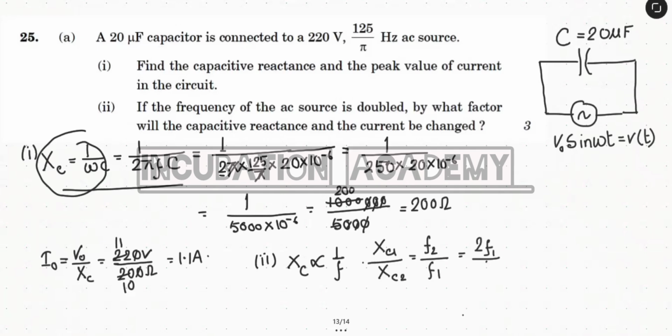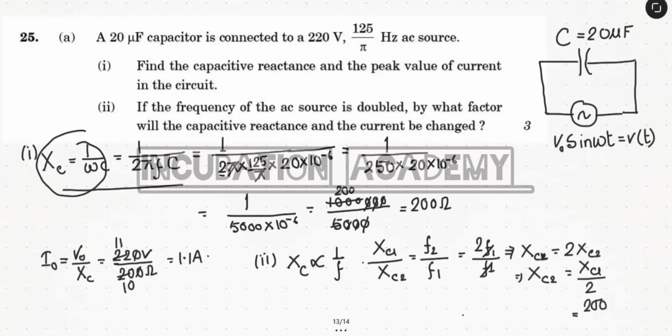So F1 cancels out, and we get Xc1 equals 2 into Xc2, or Xc2, that is after changing frequency, equals Xc1, before changing frequency, divided by 2. What is the value of Xc1? We just calculated that: it is 200 ohm.